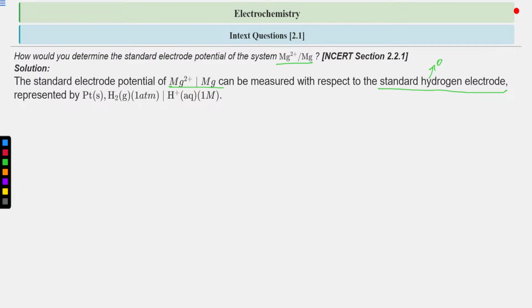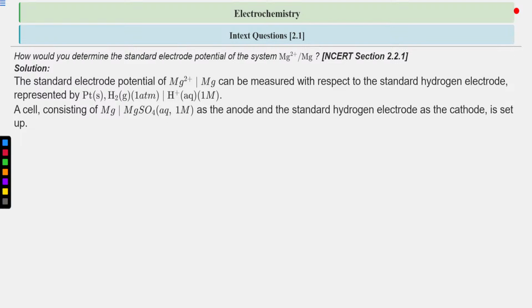So for determining the standard electrode potential of the system Mg2+ to Mg, it can be measured with respect to the standard hydrogen electrode, SHE, represented by platinum, H2 at 1 atmosphere in the gaseous state, to H+ in aqueous form at 1 molar concentration.